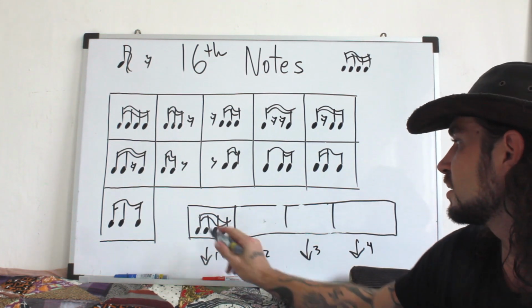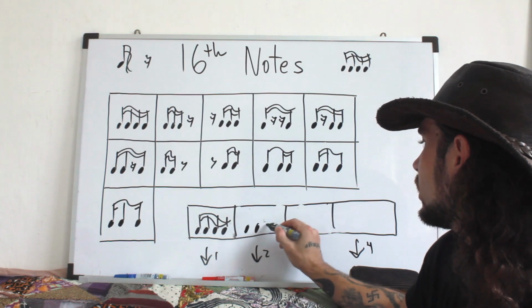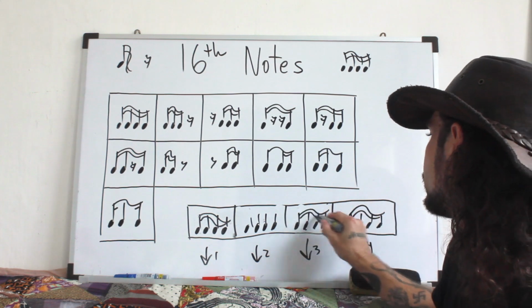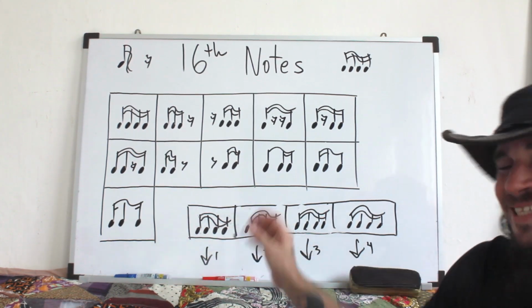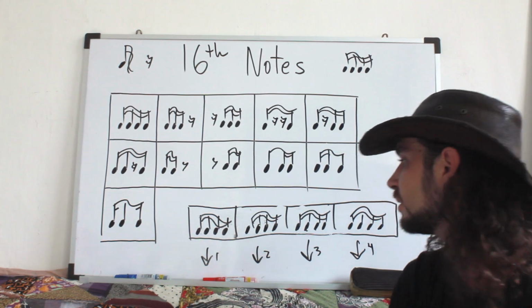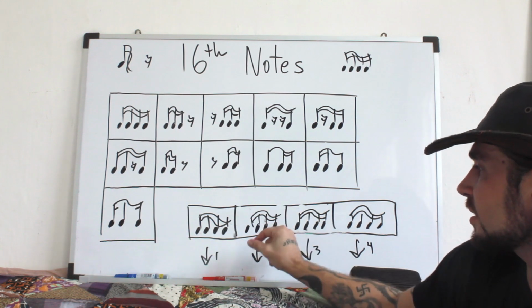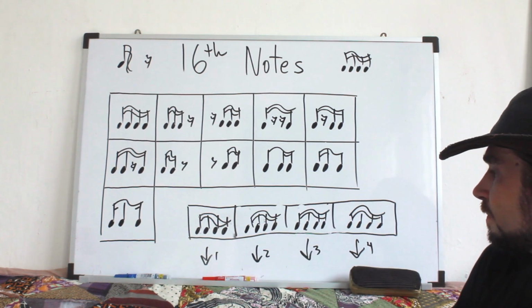So we could fit 16 notes in these four quarters. So let's just go ahead and do this. Okay. So here we have 16 16th notes in one bar. This would sound something like this. Da da da da da da da da da da da da da da da da.